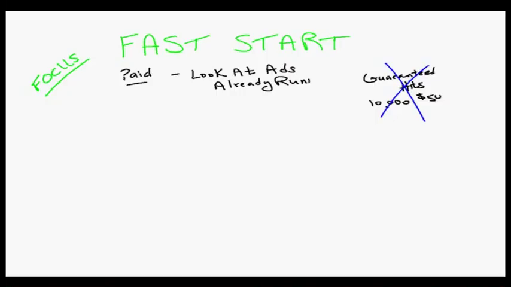Okay, look at the ads that are already running. So if you're going to advertise in Google for golf clubs, then you would go to Google, search golf clubs, and look at the ads that are running. And be like, man, if they're paying money to run those ads, they're probably pretty good. I'm going to write an ad that's pretty close to that. Pretty simple way to do it.